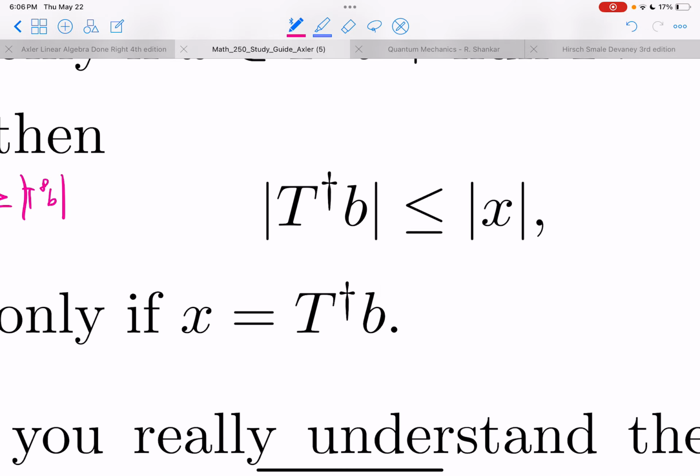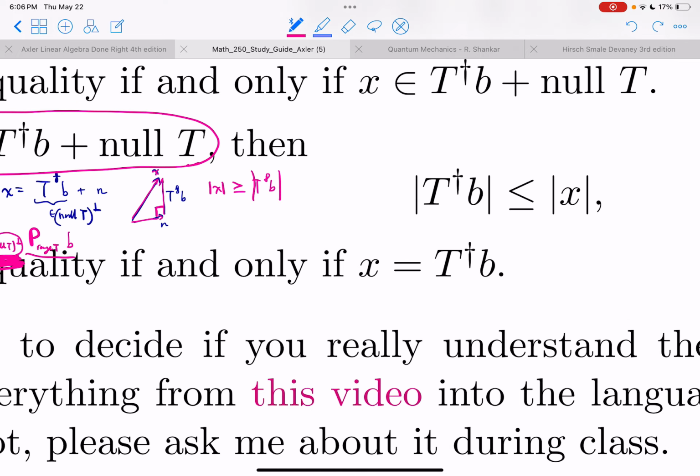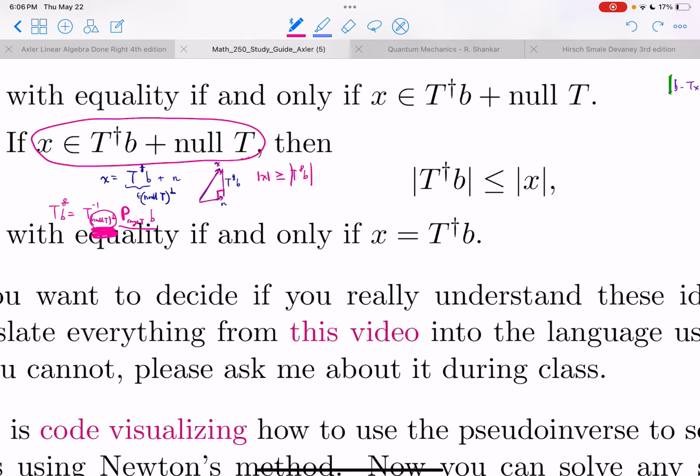And that's exactly what we were trying to prove. This is the hypotenuse, which is bigger than one of the sides of a right triangle. We threw away the other side, which is how we got an inequality. Okay, the Pythagorean theorem actually says that the sum of the squares is equal, but if you throw away one of the sides, then you just get that the hypotenuse is bigger than a side. Okay.